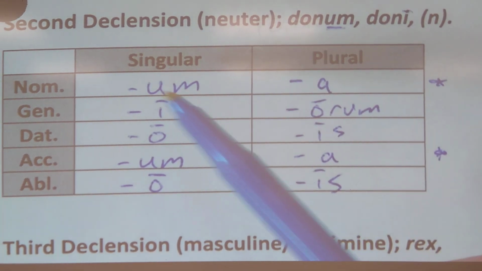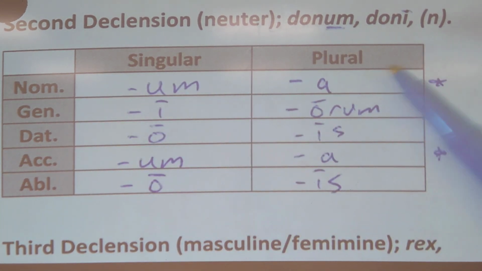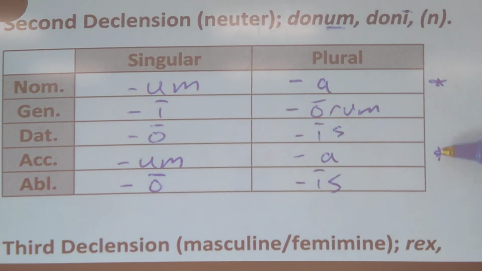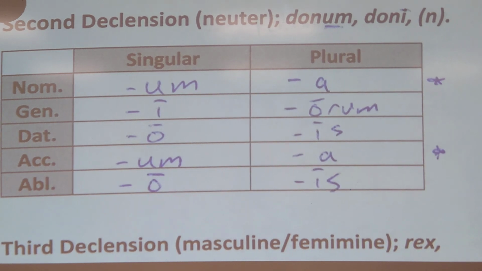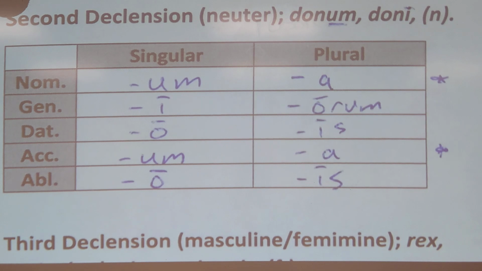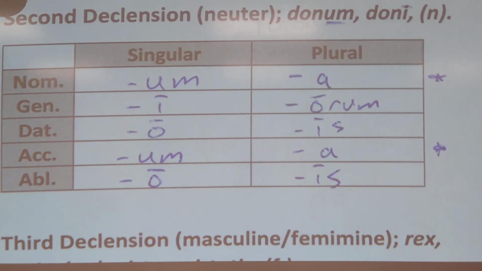You notice how nominative, accusative, nominative, accusative. So again, for neuter nouns, whatever you do in the nominative, you also do in the accusative. It's a way to save yourself some time, especially when you're filling out charts. And it's a rule that carries all throughout all the declensions.